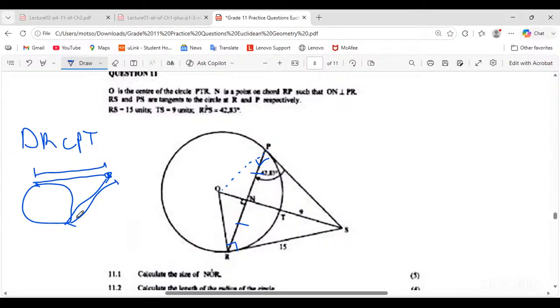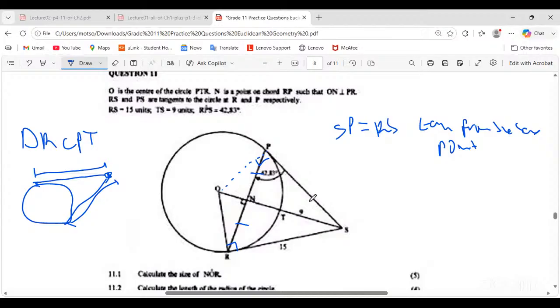I hope that makes sense. So SP is equal to RS. Reason being, tangents from the same point.